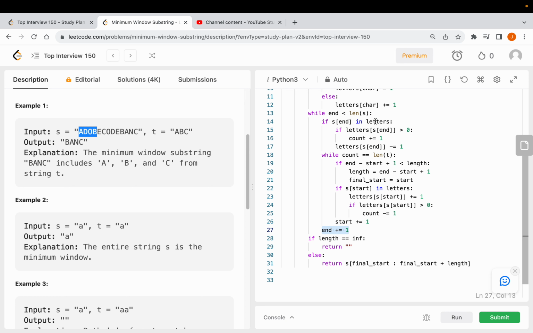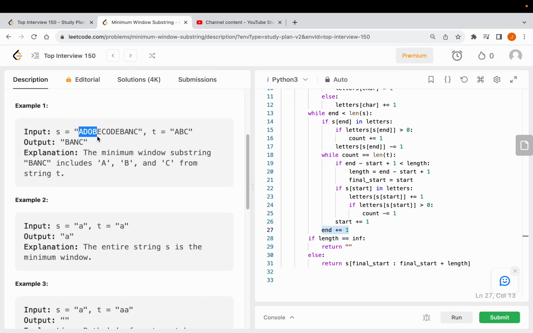B is in the letters dictionary, and we needed 1B, so we have it. We have now found 2 letters in T that we need, and we decrement the frequency dictionary because we now need 0B. Still not 3 yet, so continue to increment.